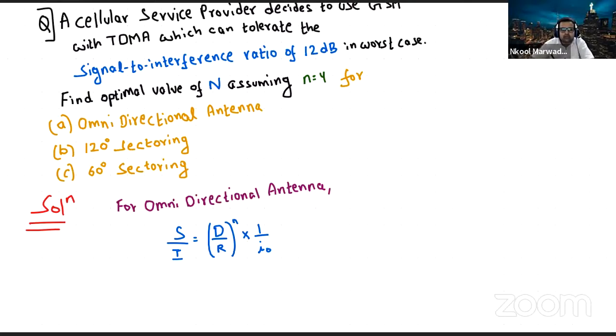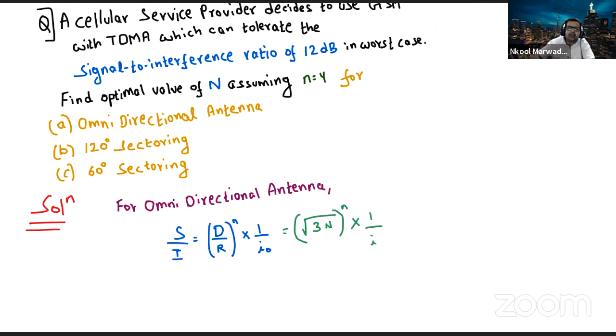Let us take it one step forward, and let us have something like this: S by I is equal to root 3N to the power of n into 1 by I naught.